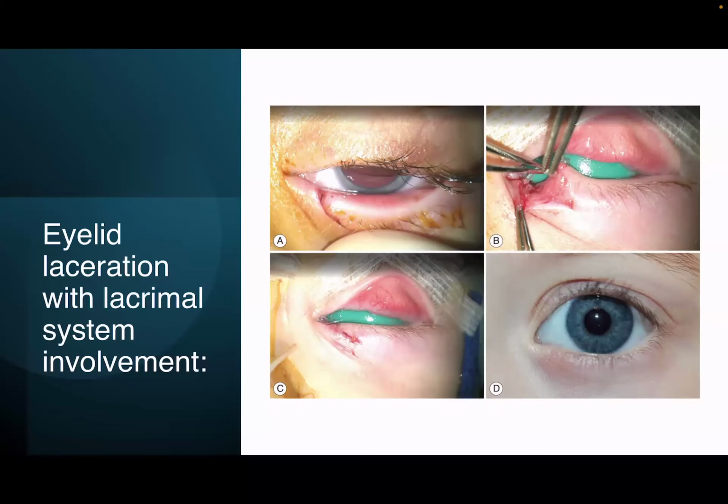If you suspect injury or find that the distal end is not there, inject viscoelastic into the nasal subcutaneous tissue to spread the tissue and see the lumen of the canaliculus, or use a Bowman probe introduced into the punctum to emerge through the canaliculus and see the canalicular system.